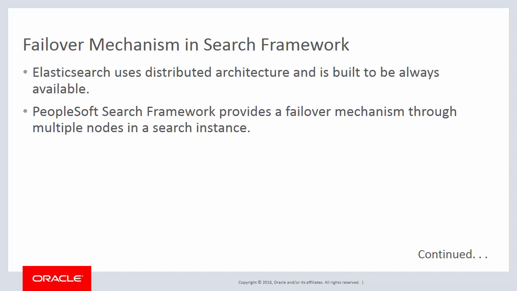Additionally, to enable users to effectively use the multiple nodes as a failover mechanism, PeopleSoft Search Framework provides the framework to configure multiple nodes in a search instance of your PeopleSoft implementation. Using the constructs of cluster and node of Elasticsearch, a search instance in PeopleSoft represents an Elasticsearch cluster that can contain multiple nodes. If any of the nodes goes down for any reason, PeopleSoft directs search requests to the available nodes in the search instance.